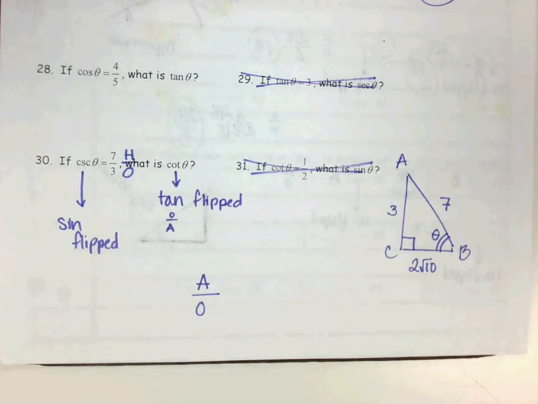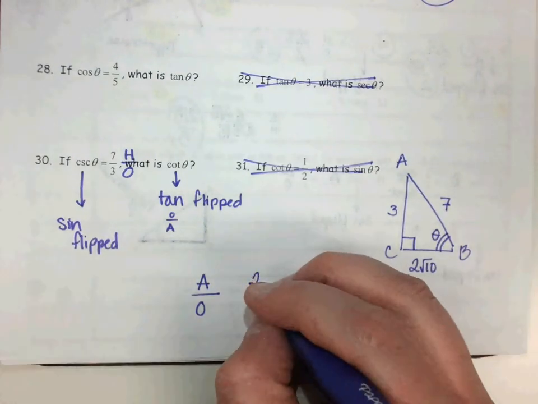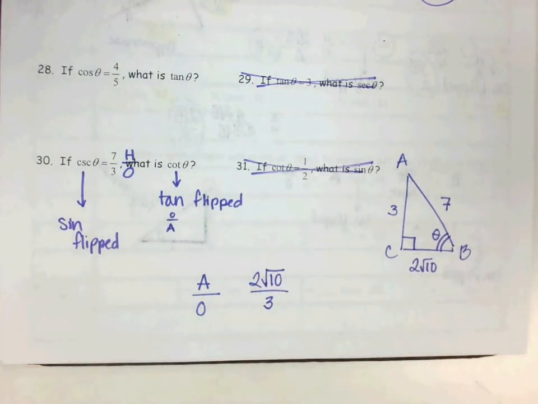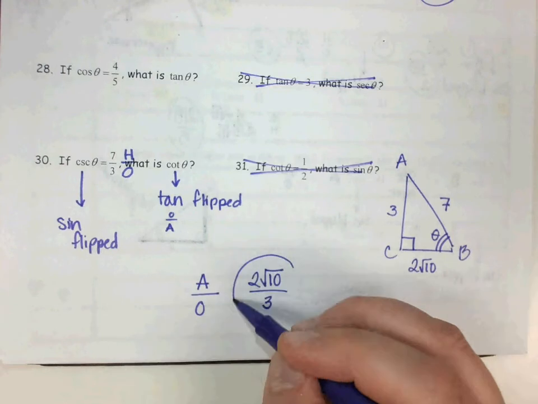What is that one's adjacent side? 2 root 10. And then what is its opposite side? 3. So I'd put 2 root 10 on top, 3 on bottom. Now, can 2 and 3 here reduce like they did on some of them? No, then you're done. My square root's on the top, so I don't have to worry about fixing it. Okay?